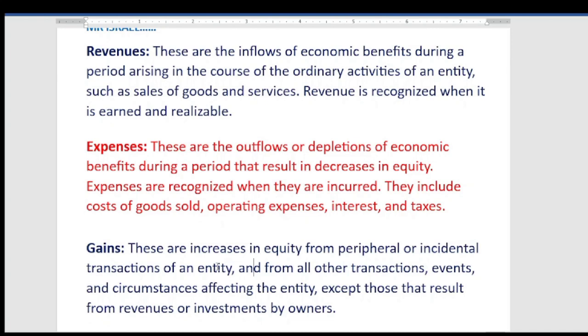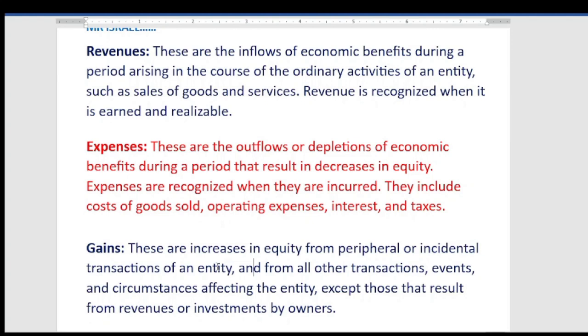But you should know that it is an element of financial statement. Maybe in an exam situation, they ask you to mention the elements of financial statement. Even if you did not mention gain, and you mention other things, you are still on point. But mentioning gain, profit, also tells the examiner that you actually know what you are doing.